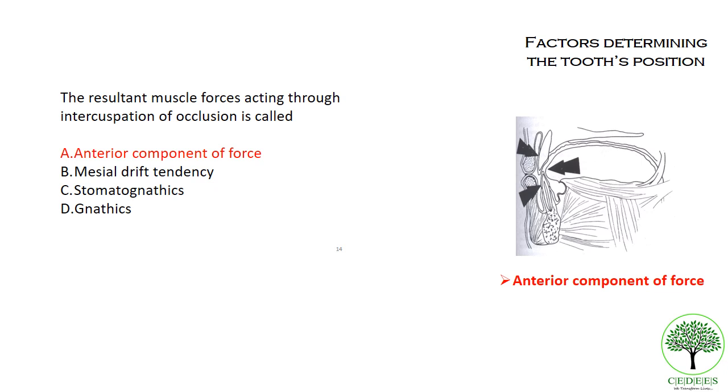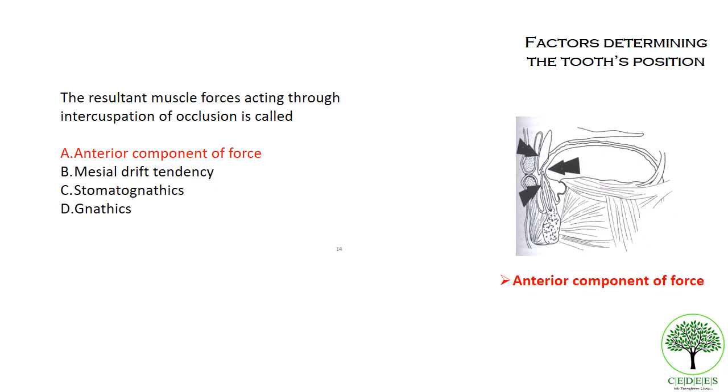The main interest that has centered around ACF, the anterior component of force, is that apart from just determining the tooth's position, it has also been said to have a possible role in causing mesial migration of teeth, and subsequent dental malalignment or crowding at a later stage.